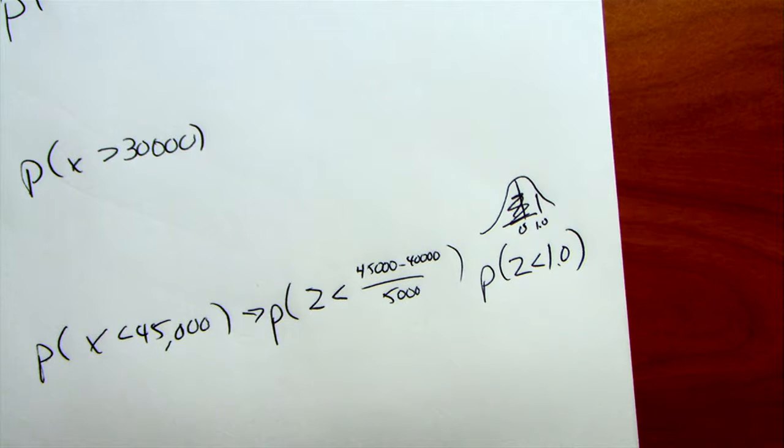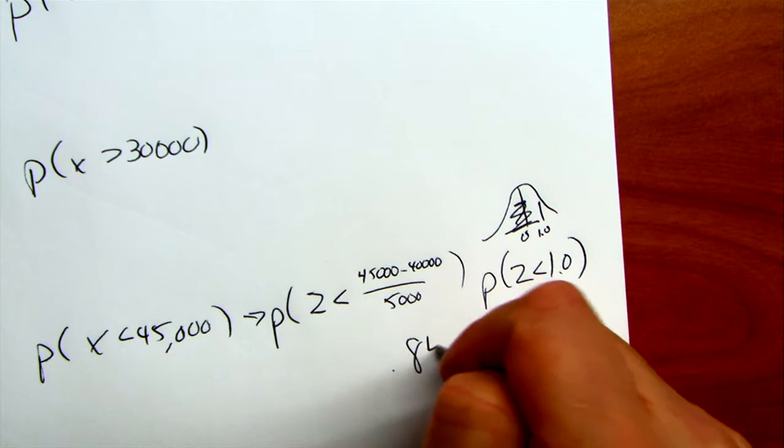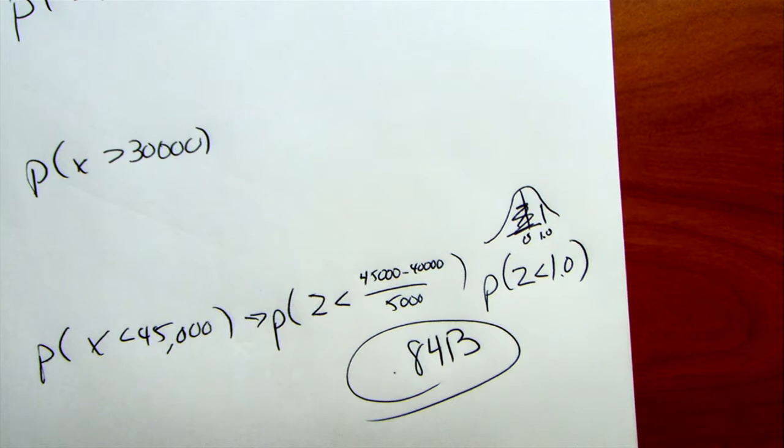Because it's less than, all I have to do is look it up in my table. I look up 1.0, and I get 0.8413. So there's like an 84% chance that they make less than $45,000. You guys all can do that. You understand the lookup process. You understand converting it to a z-value, yes? Bless you, Daniel.